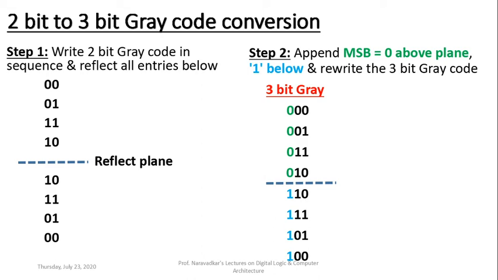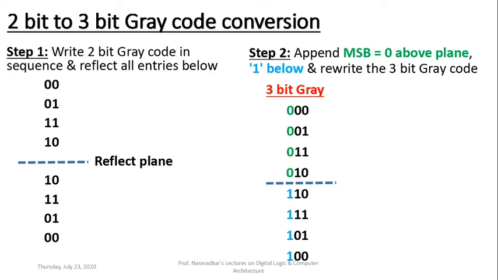It means that whatever 2 bit gray codes are obtained, shown above that reflect plane and below that reflect plane, are simply copied as they are into the 3 bit code. And then the third bit is appended on the left side: above that reflect plane, all bits are 0, and below that reflect plane, the MSB bits are all 1.